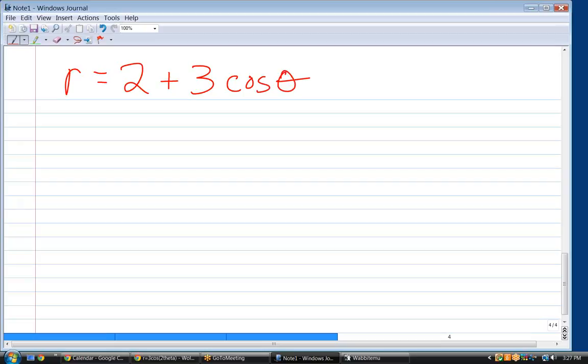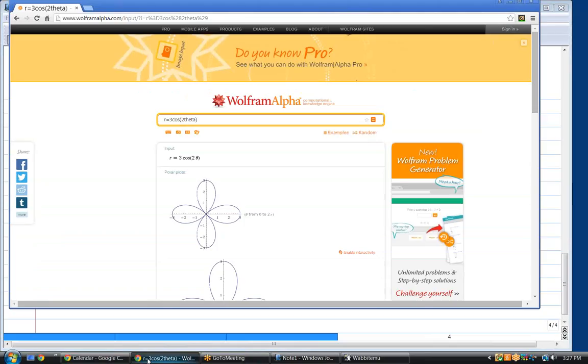And for this, identify the maximum values between 0 and 2 pi. Okay, let's first of all graph this on Wolfram Alpha. 2 plus 3 cosine theta, is that right? Yeah.